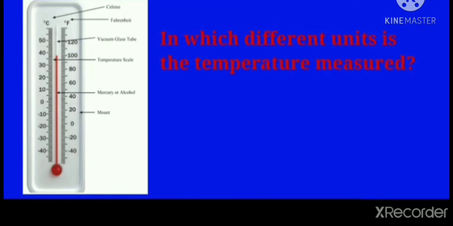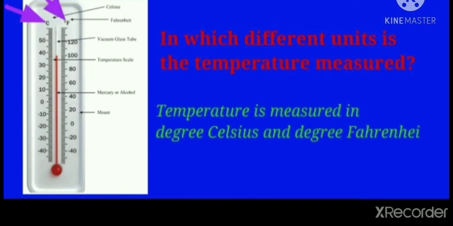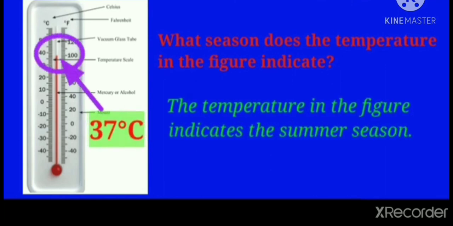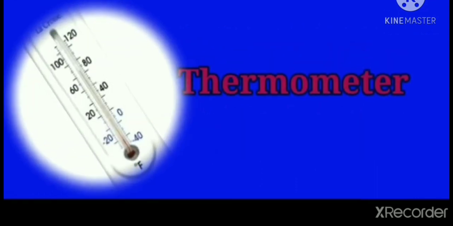In which different units is the temperature measured? The temperature is being measured in Celsius and degree Fahrenheit. What season does the temperature in the figure indicate? The temperature in the figure indicates the summer season, that is 37 degrees Celsius.